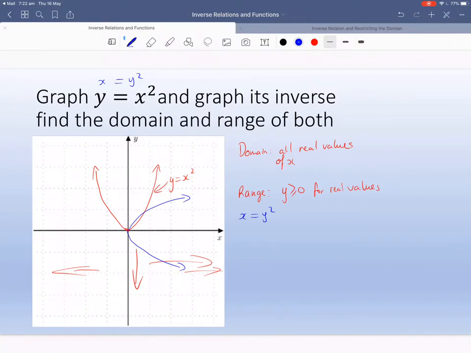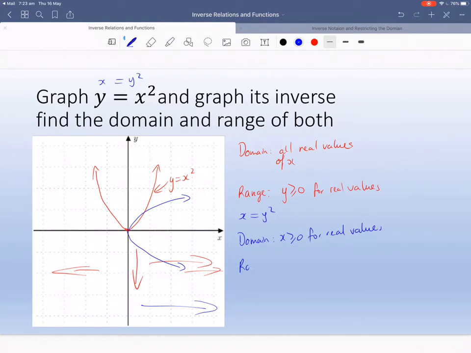What would the domain of that one be? Domain is about x, so it's going to be all these positive ones and nothing down here. That means the domain is x is greater than or equal to 0 for real values.